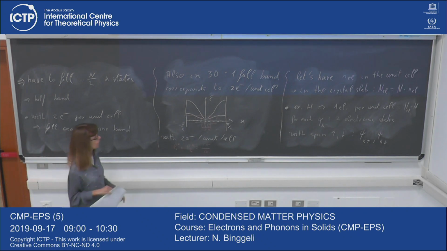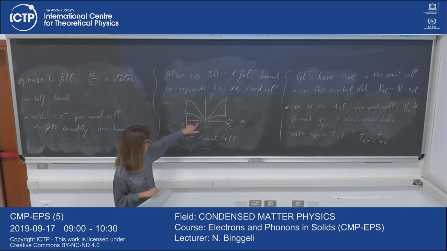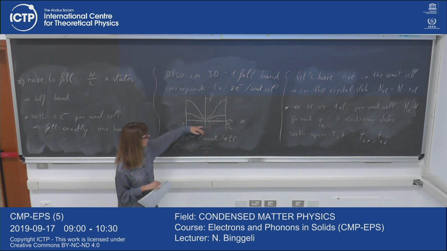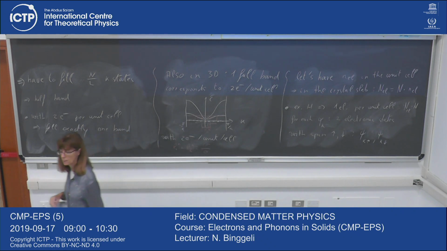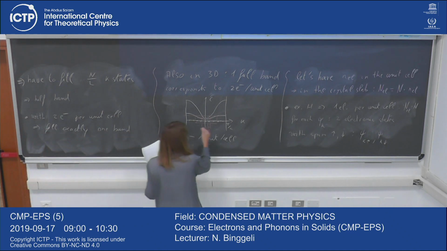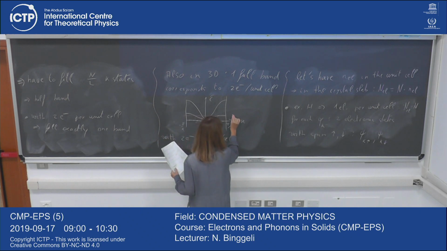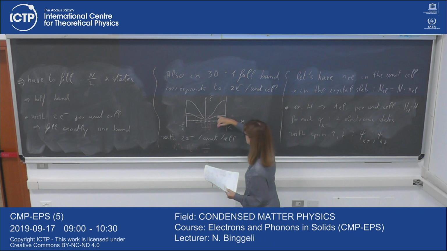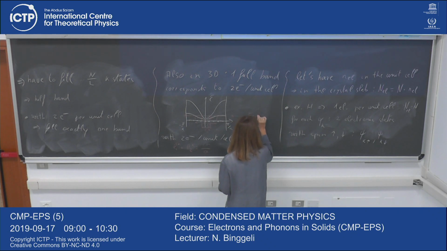So this is for 2 electrons per unit cell. Overall, I'm filling a band in terms of the number of K states, but I fill part of the first one and part of the second one. And this is a metal, and this energy here that corresponds to the highest occupied state is the Fermi level.